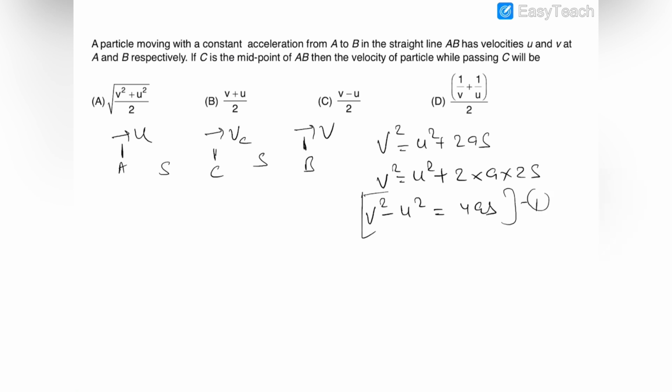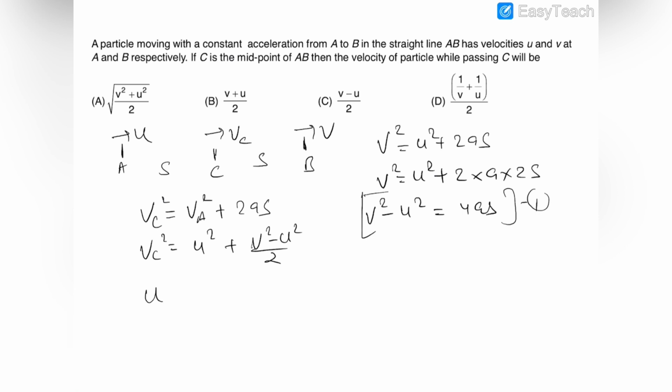Now if we use the same equation of motion for motion from A to C, then Vc square is equal to U square plus 2As, and 2As is V square minus U square by 2.